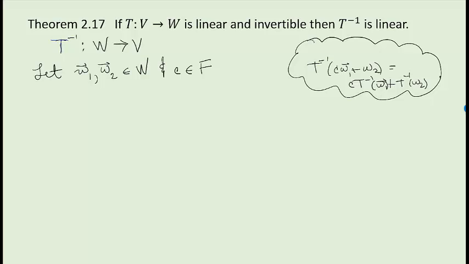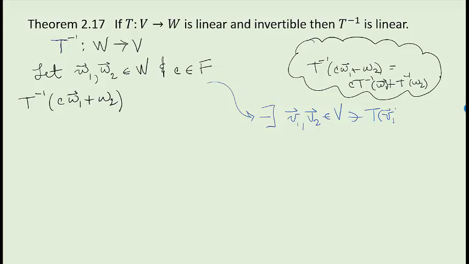So we will start out with T inverse of CW1 plus W2. Since W1 and W2 are in W and T is invertible, it's one-to-one and onto, so there exist V1 and V2 in V such that T of V1 is equal to W1 and T of V2 is equal to W2.